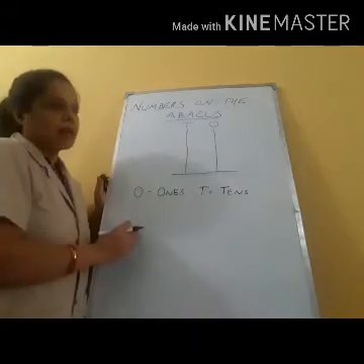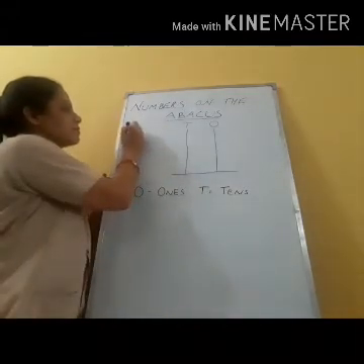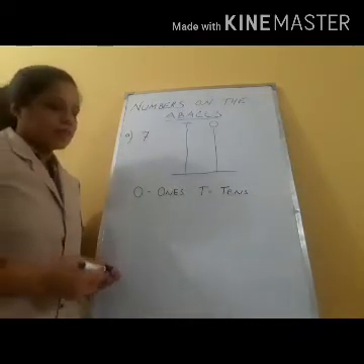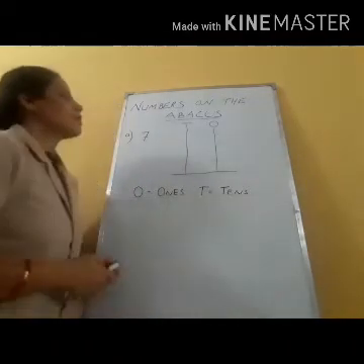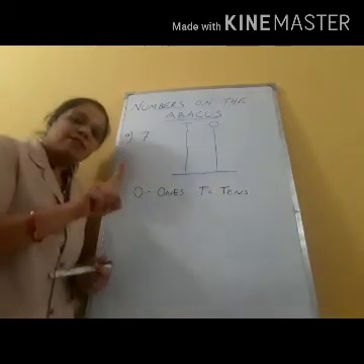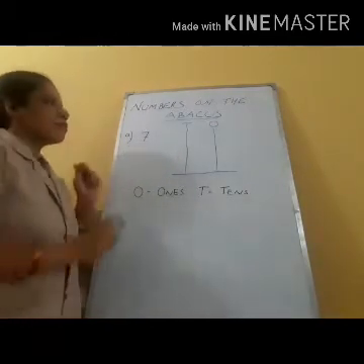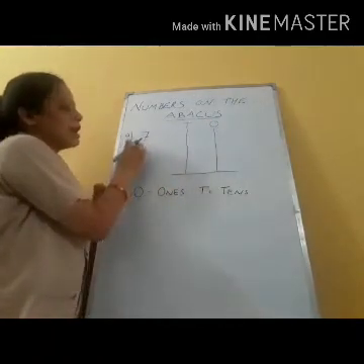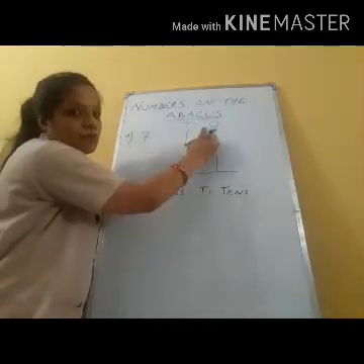Let's take one example, that is 7. The number is 7. Now 7 is a one digit number, so you write 7 on the ones place, O place. Write a single number on the ones place.